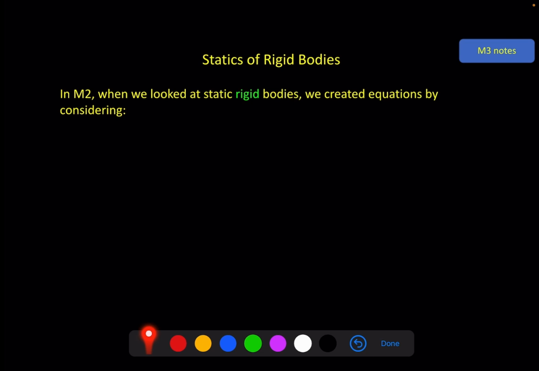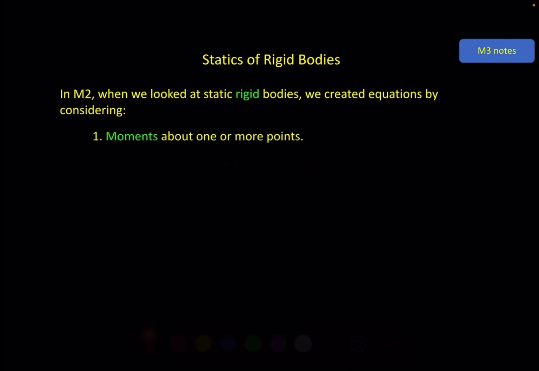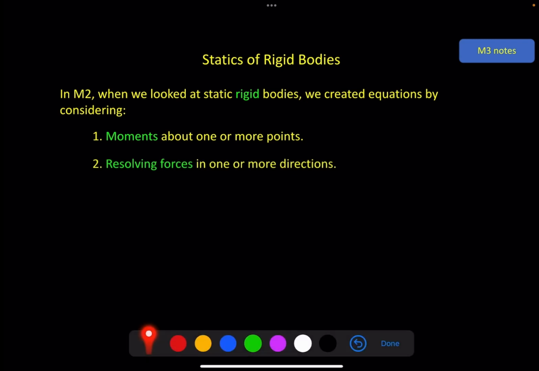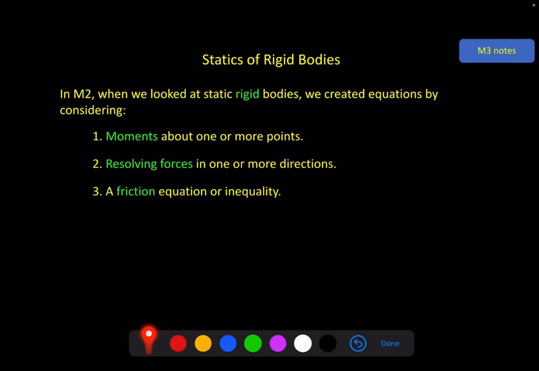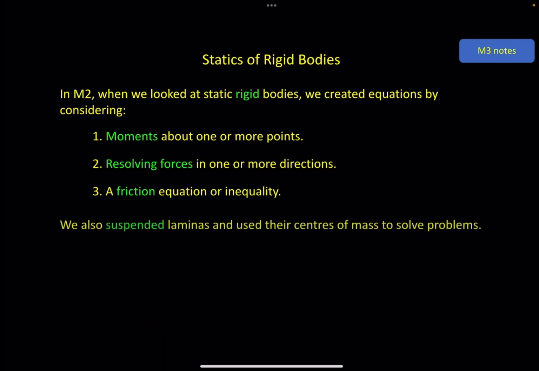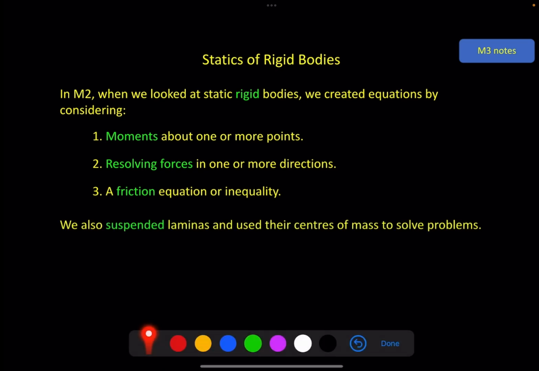We created equations by considering moments about one or more points, resolving forces in one or more directions, and a friction equation or inequality. Also, like in the starter question, we suspended laminas and used their centers of mass to solve problems. So if you wanted to consider this a 4th point when looking at static rigid bodies, number 4 might be the location of the center of mass.